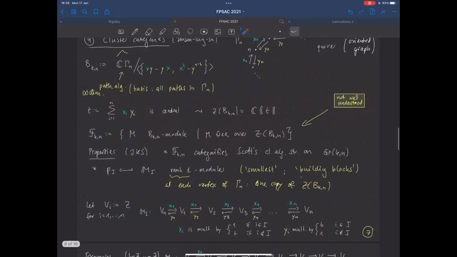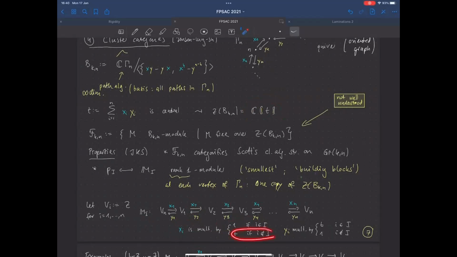What Jensen, King, and Su did was define these modules depending on the K subsets. On this Plücker coordinate, when you have an element in the K subset, you want x to just be multiplication by 1. So you go from 1 copy of this polynomial ring to another one, and you send coefficients to coefficients. That's multiplication by 1.